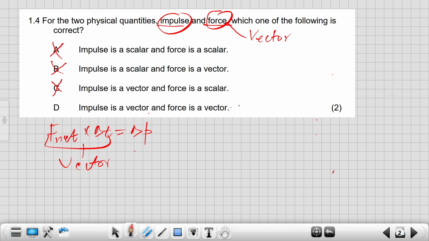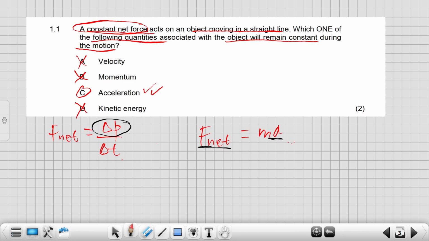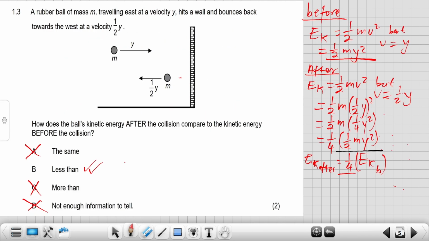So the correct answer here is D. Let me make a mark. D. 2 marks for that. Then we can go further to 1.5.